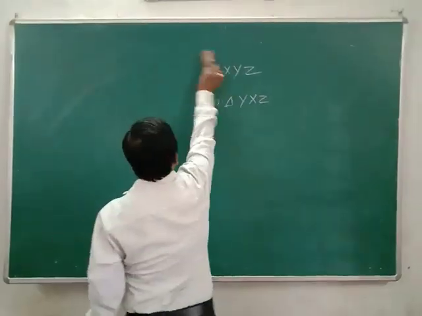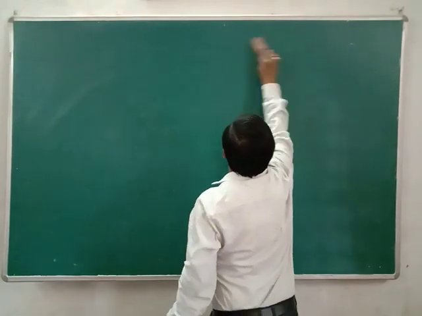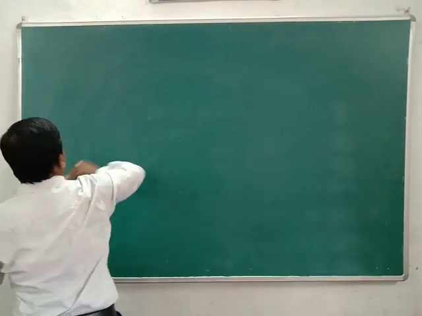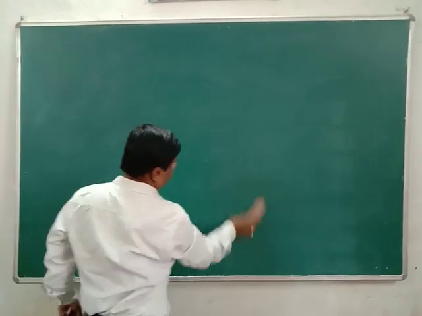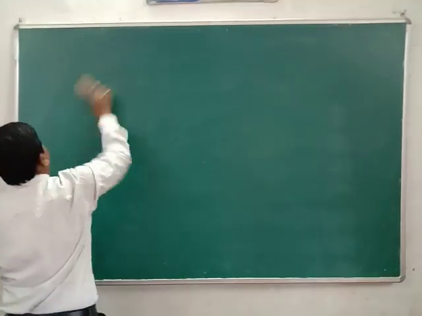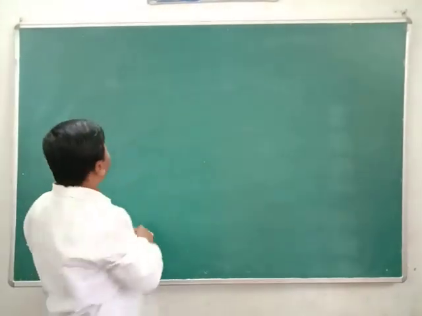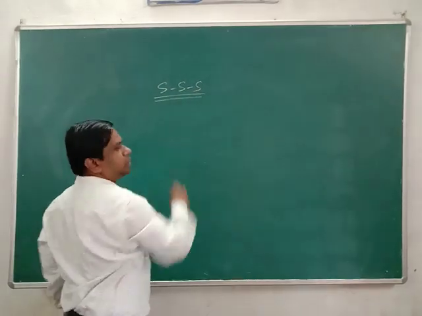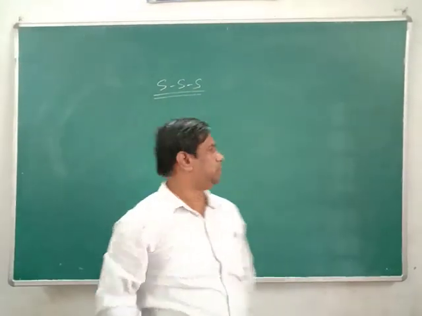So in class 9 you have studied there are some criteria for congruence of triangles. Can you tell me what are the criteria? First you have studied SSS, that is side side side congruence.